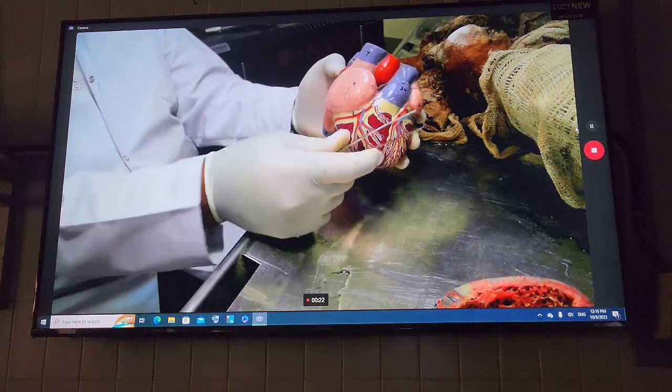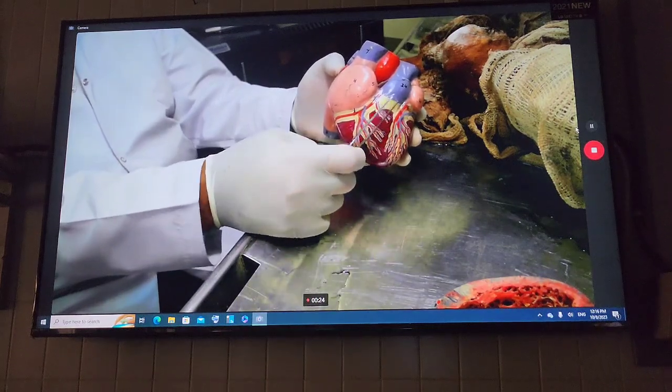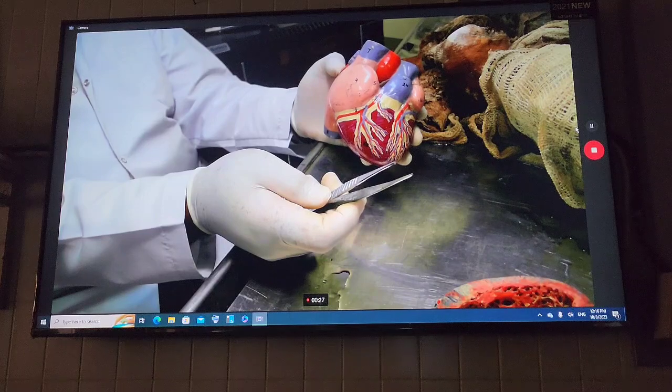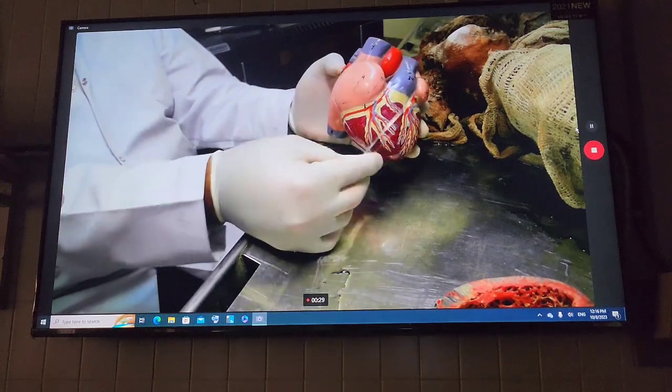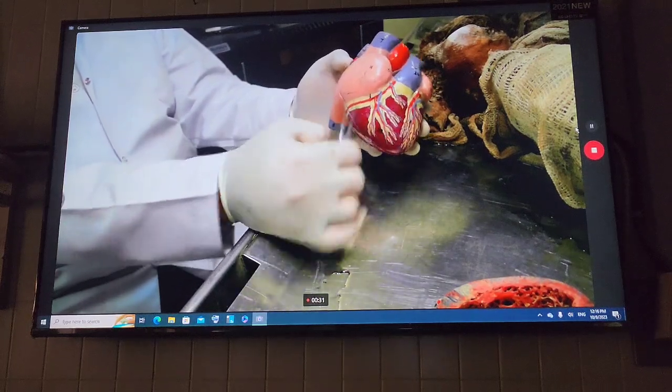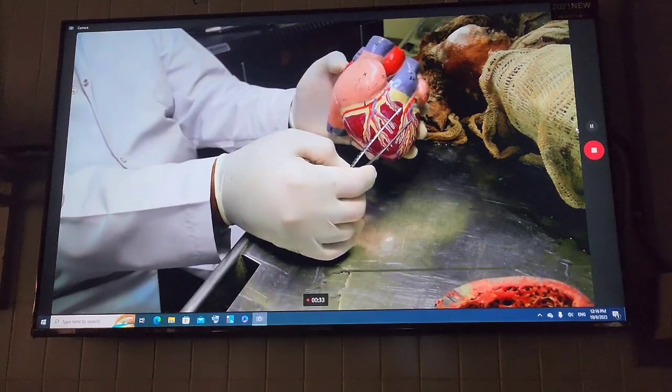In order to study the external morphology of the heart, you have to look at the heart from the anterior aspect, as you can see in the anatomical position.